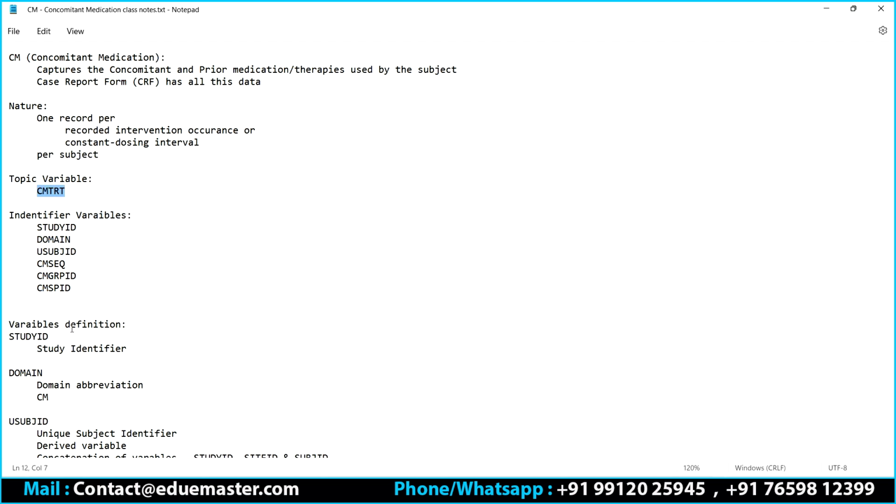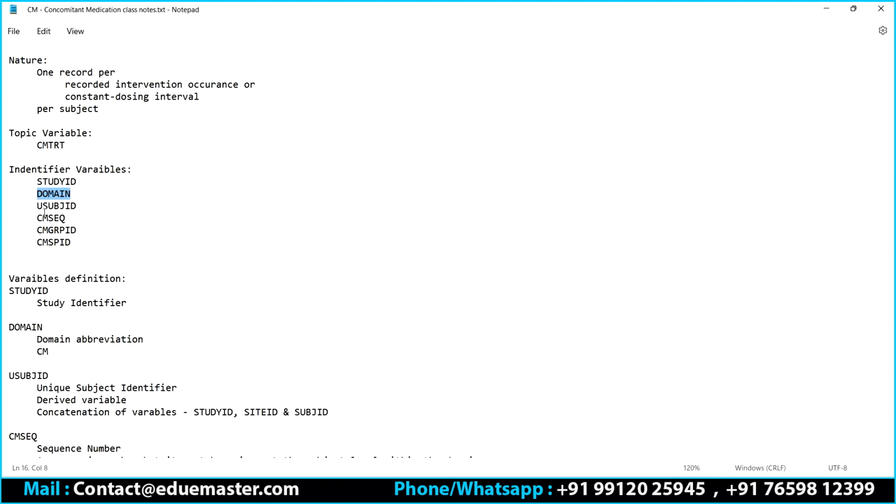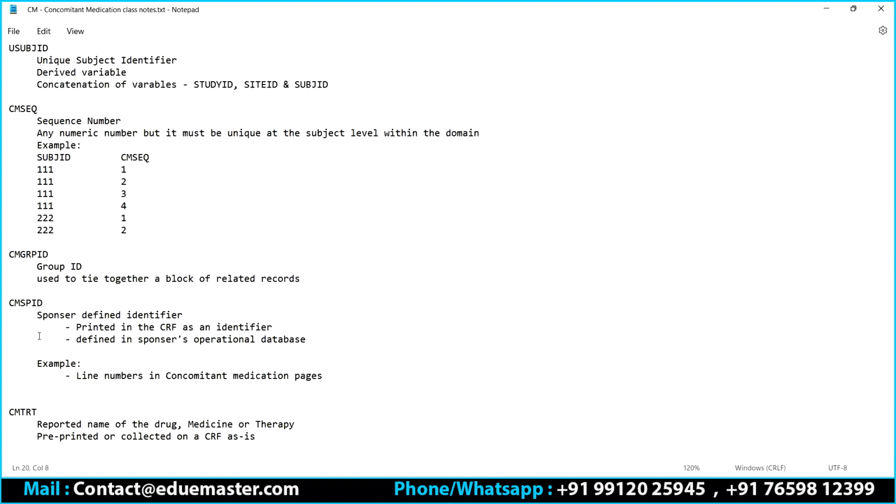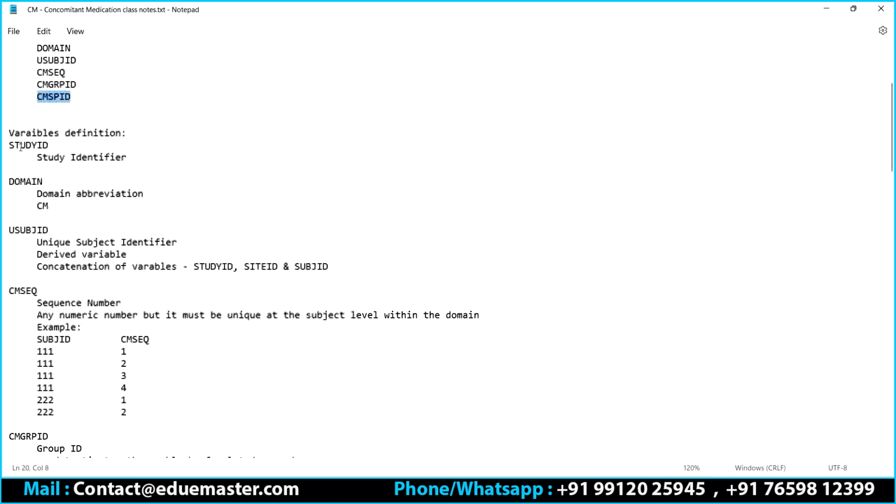The topic variable is going to be concomitant medicine treatment. Identifier variables are study ID, domain, unique subject ID, sequence number, group ID, and sponsor defined identifier. Correct? The first three I don't need to explain. We have done this multiple times.